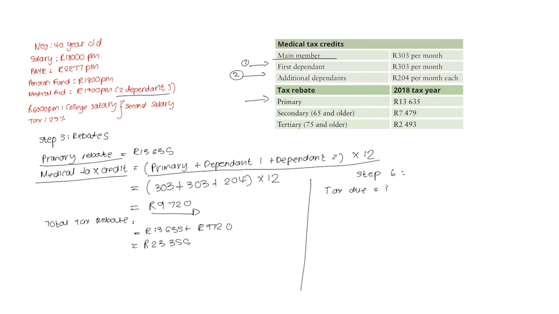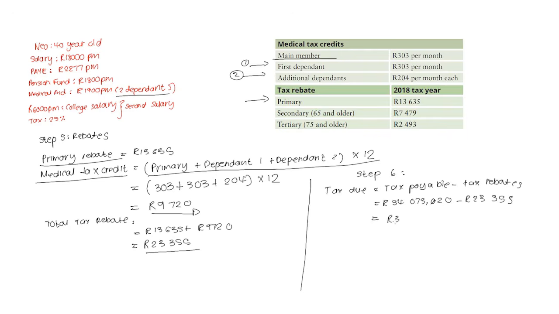Remember that the tax payable for Neo was calculated to be 54,073 Rand 20 cents. And the tax rebate, which was calculated in step 5 as 23,355 Rand.